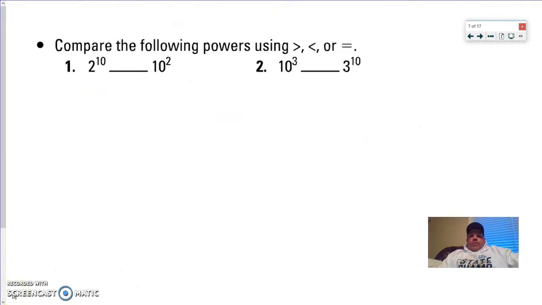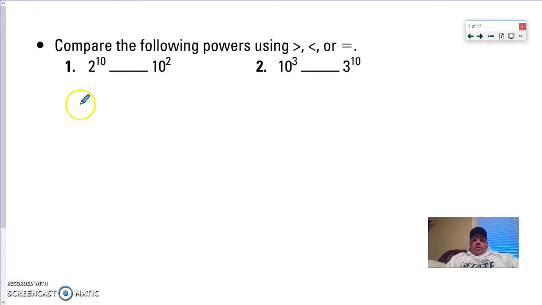The last thing that we are going to do today is compare the following powers using greater than, less than, or equal to. So please pause the video and decide which is bigger, 2 to the 10th or 10 to the 2nd, and also 10 to the 3rd or 3 to the 10th. Please pause the video. I'll be back with answers shortly.